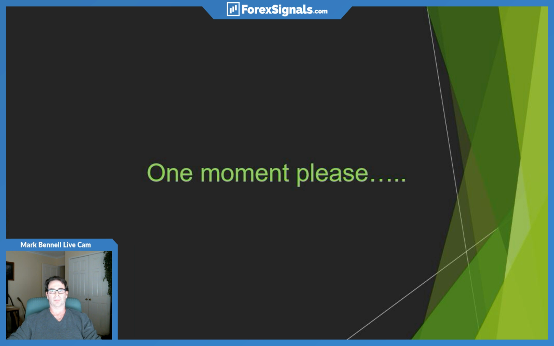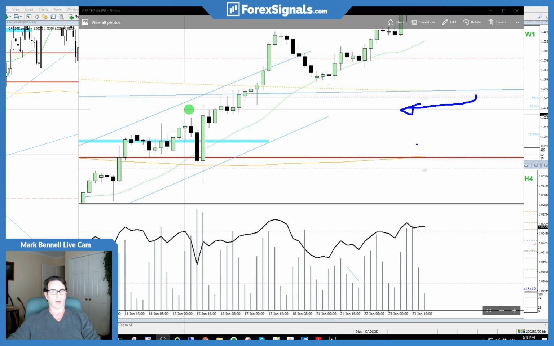All right, got it. Beautiful. All right, so I've got crosshairs on a picture. Hope you can see that. So let's line up the volume.